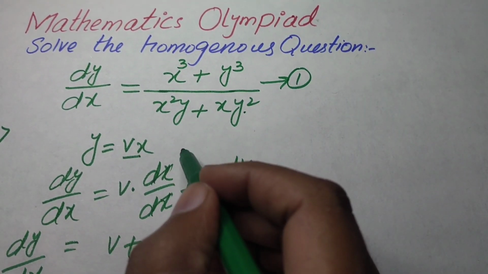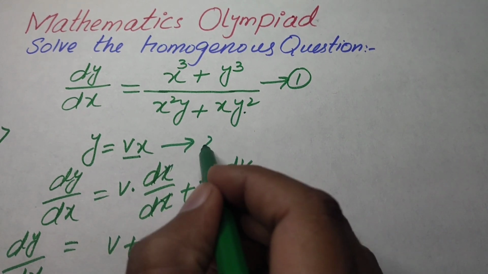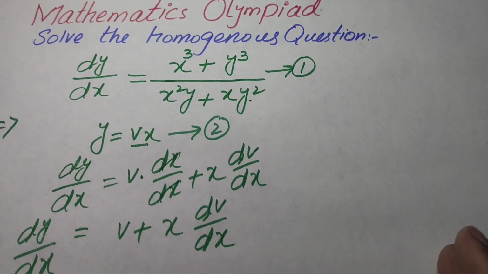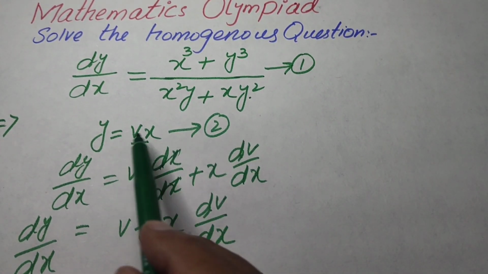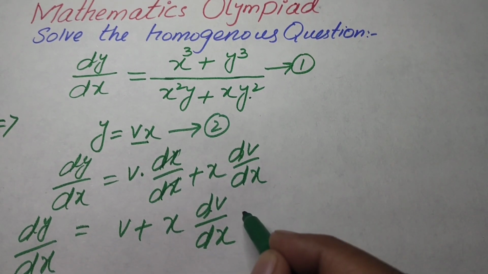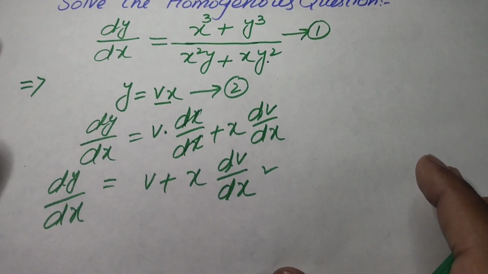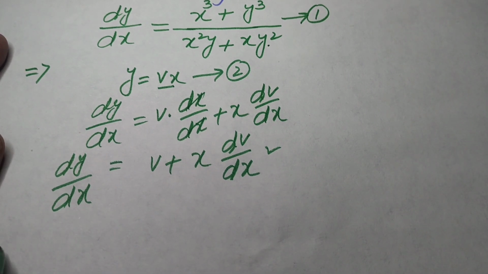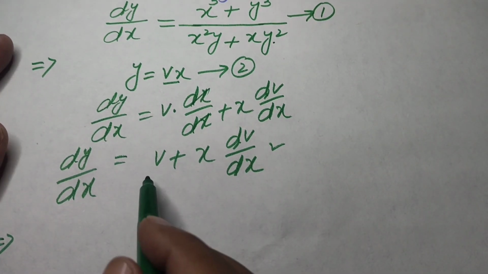We take this equation as 2. We will put the value of dy over dx from equation number 2 into the differential equation, and we will obtain the differential equation in this form.